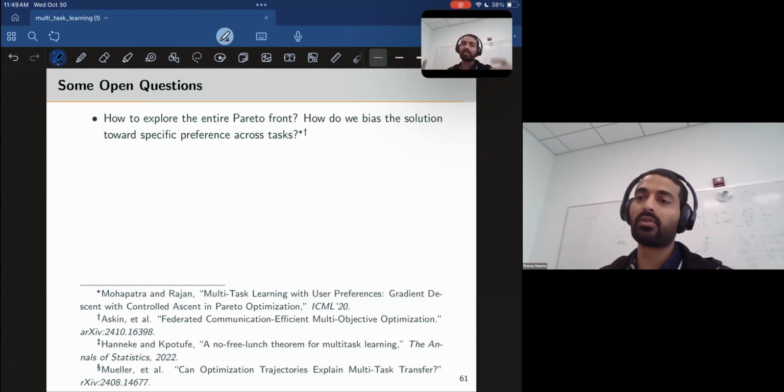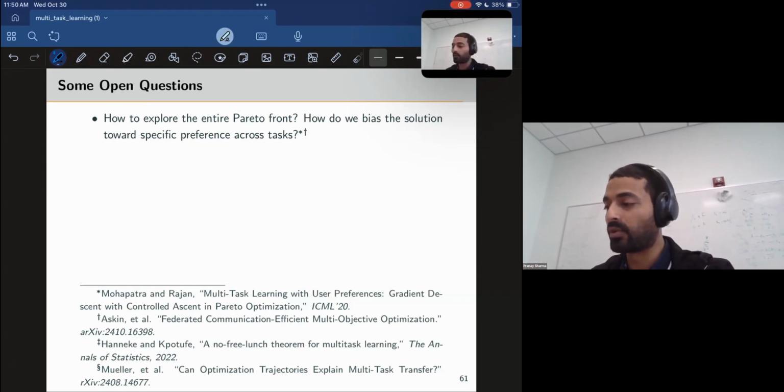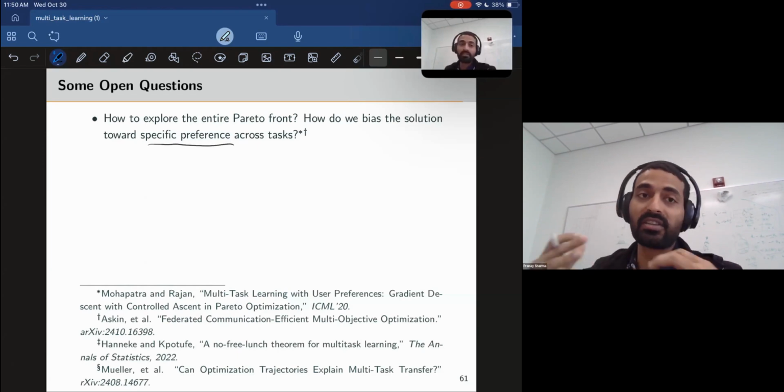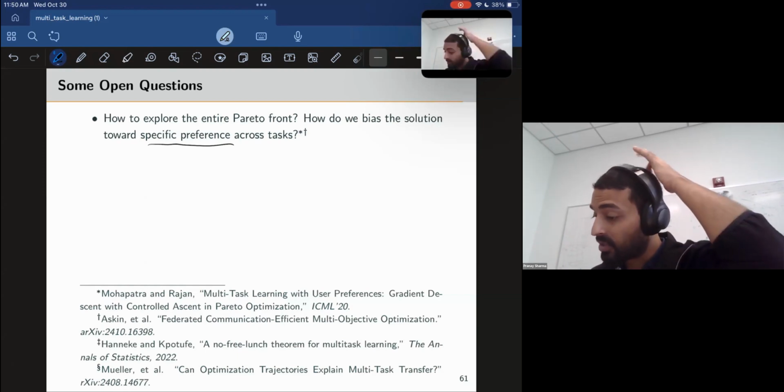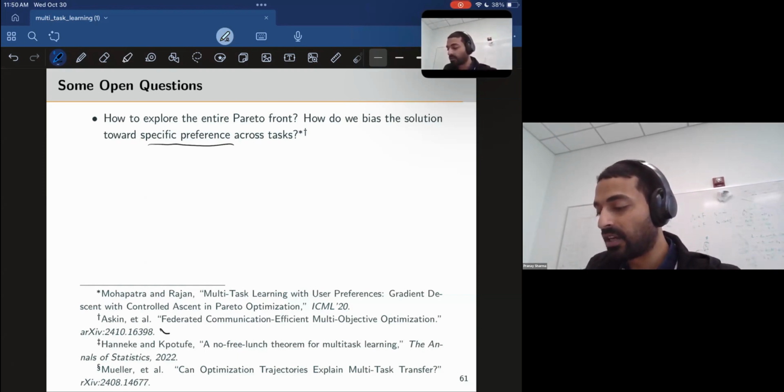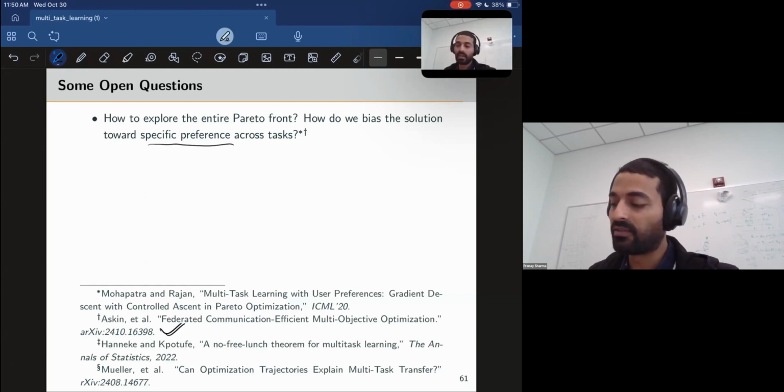You have an entire Pareto front, an infinite set of Pareto points, but you cannot control which point you get. So how do we make sure that our solution satisfies certain preferences across tasks? This is a very active direction. And Barish, one of your TAs, led a work which did something similar recently. I was also involved in this work.